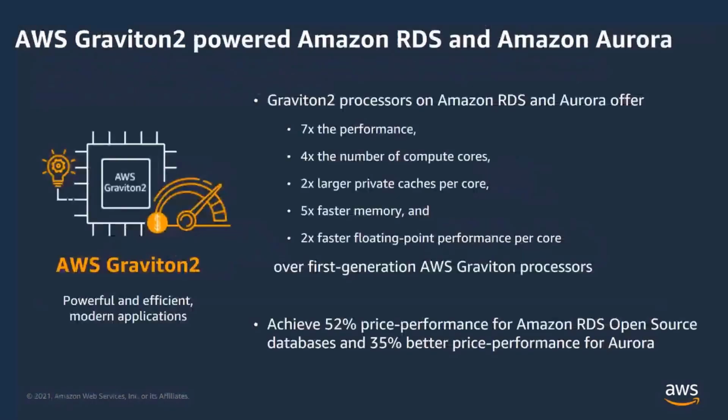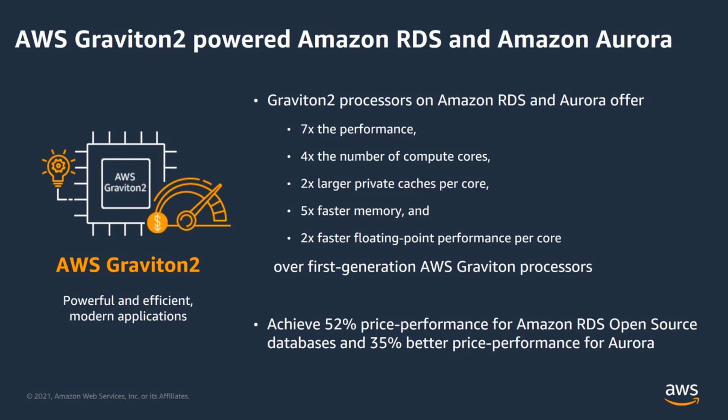Amazon Graviton2 processor is a custom AWS designed and purpose-built processor that has been fabricated on 7 nanometer process. The processor is based on 64-bit ARM Neoverse cores. With 30 billion transistors, the Graviton2 CPUs give 7 times the performance, 4 times the number of compute cores, 2 times larger private caches per core, and 5 times faster memory over the first generation AWS Graviton processors.